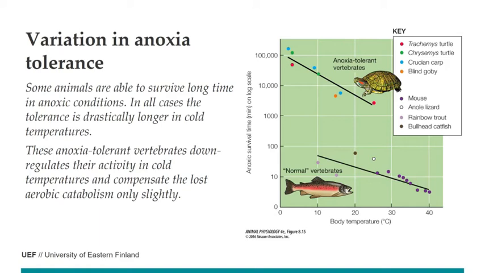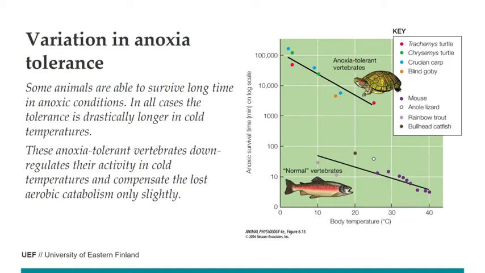Like this red-eared turtle, its heart rate is about 5 times per minute at +5 degrees Celsius. So it's been reduced already in normoxic conditions, so it doesn't have to reduce it so much during the anoxic period.